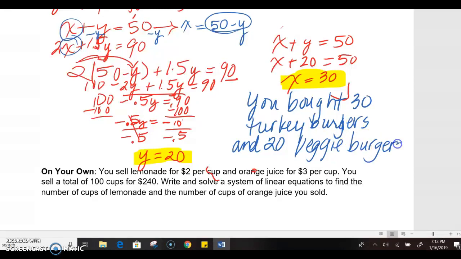Always clearly state your answer with a word problem, making sure you include labels, not as an ordered pair. So you bought 30 turkey burgers and 20 veggie burgers.